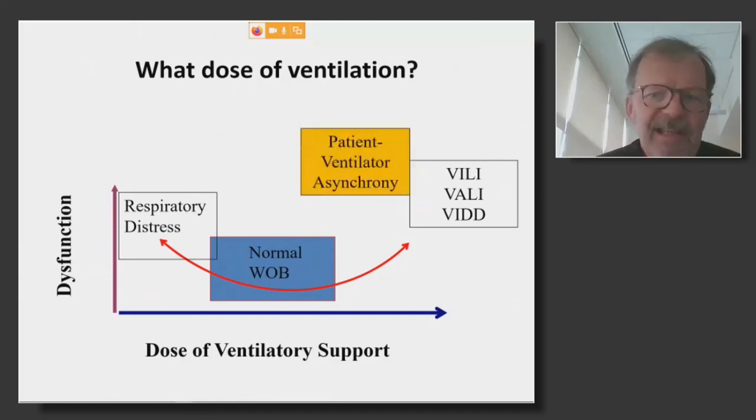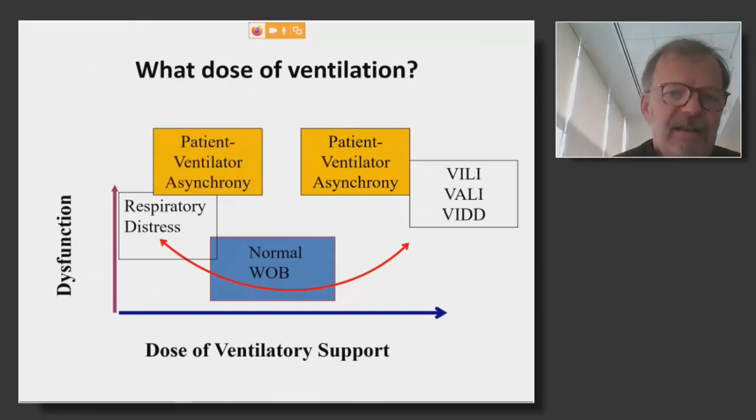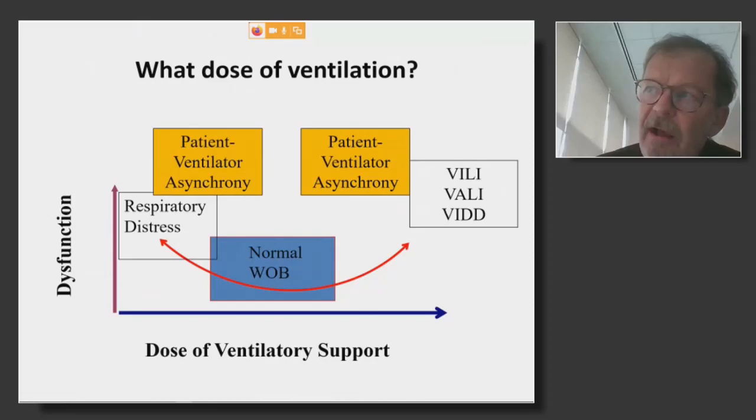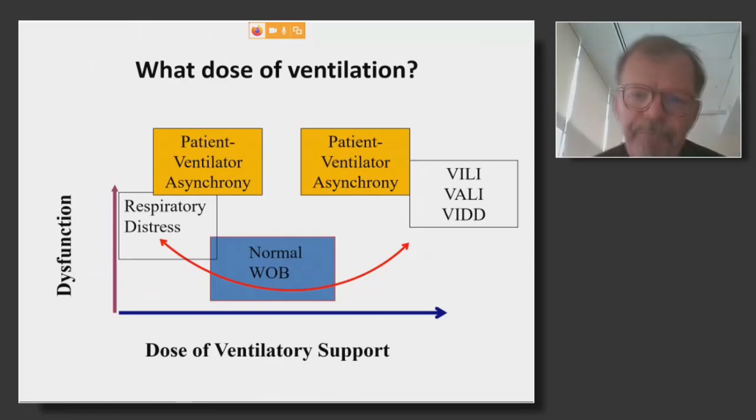And there are some asynchronies which are associated with excessive dose of ventilation, whereas other asynchronies are associated with insufficient ventilation. And when I say excessive or insufficient, I mean with regard to the needs of the patients.